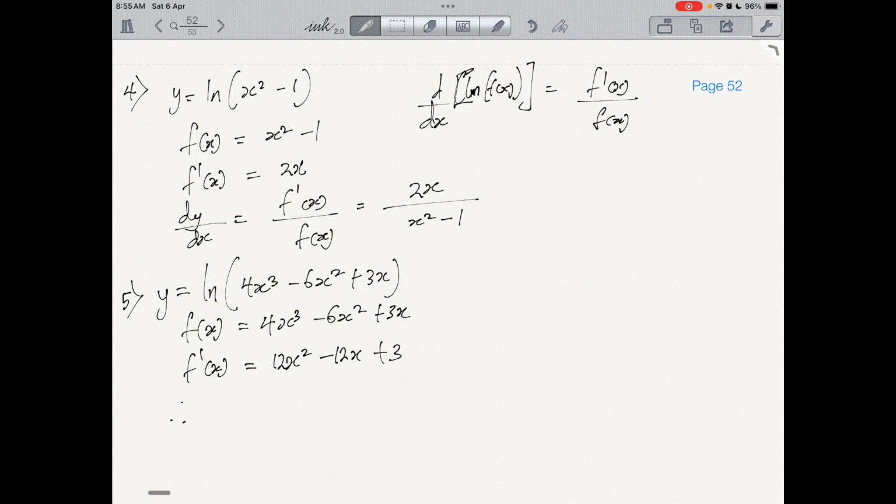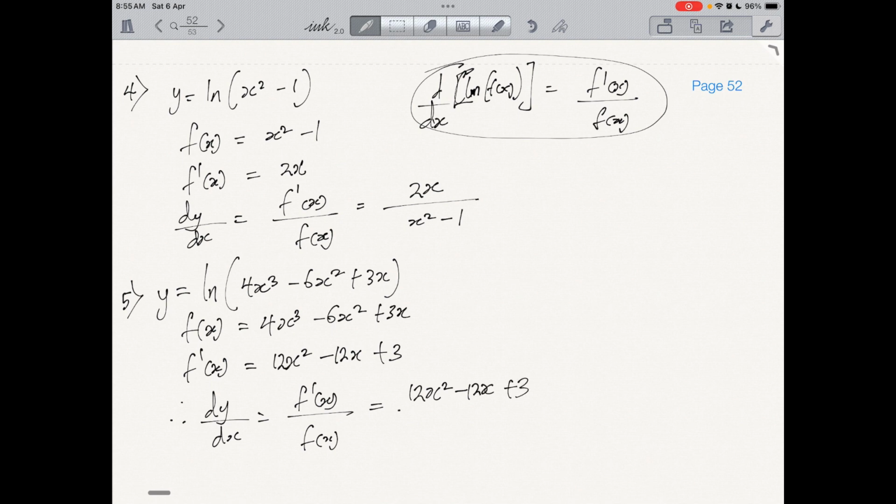Applying this principle, we have that dy/dx is equal to f'(x) divided by f(x), because we are under logarithm differentiation. And this is equal to 12x squared minus 12x plus 3 divided by 4x cubed minus 6x squared plus 3x.